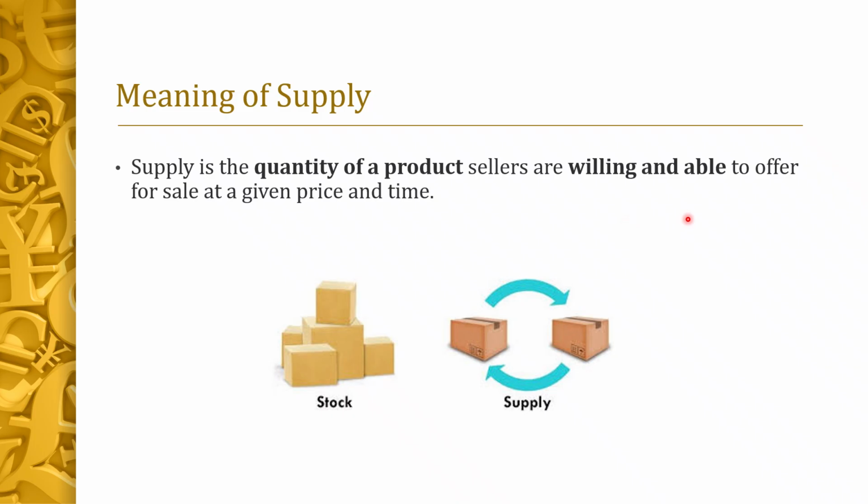Here also, similar to demand, we see the willingness and the ability, but here of a producer rather than the consumer as in the case of demand. So we are talking about the willingness and ability of a seller to offer for sale at a given price and at a given time. A higher price usually encourages suppliers to produce more.